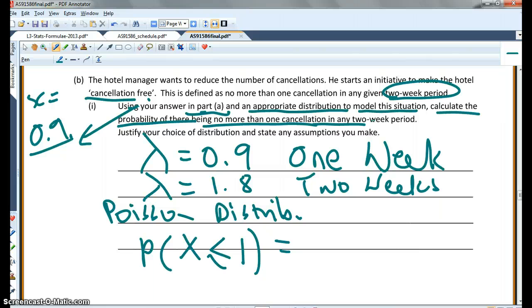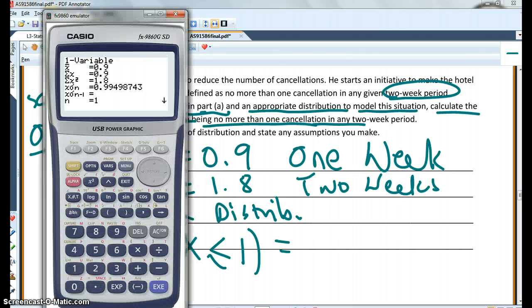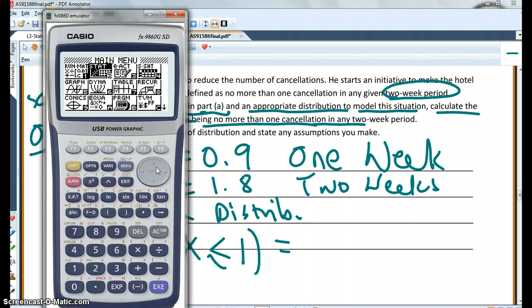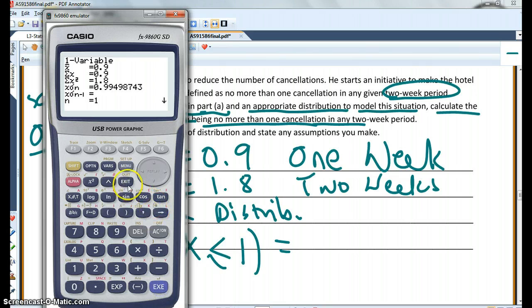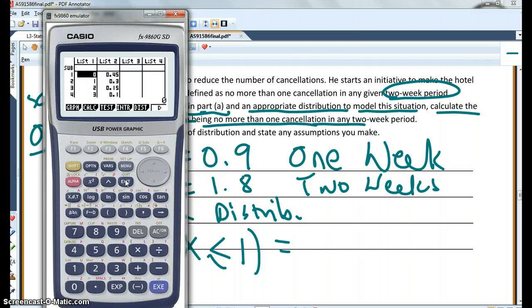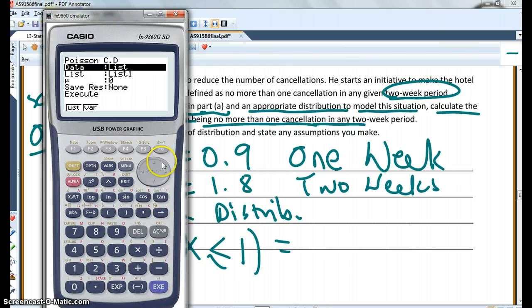So we've got the trick of lambda 0.9 for 1 week becomes lambda 1.8 for 2 weeks, and then we need to grab our calculator and go into stats, distribution, Poisson, PCD because we've got the less than or equal to, x is less than or equal to 1, and lambda is 1.8. So we get 0.4623.